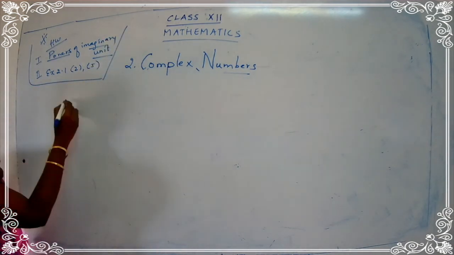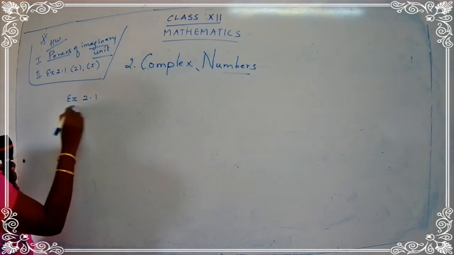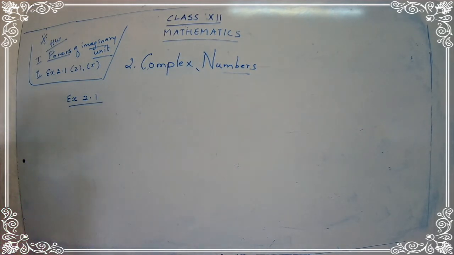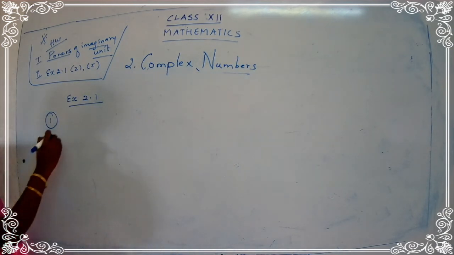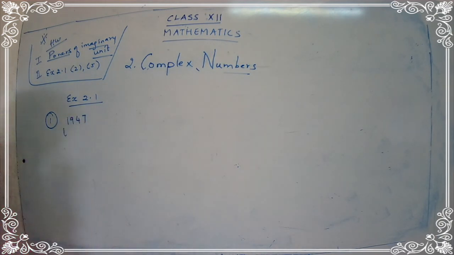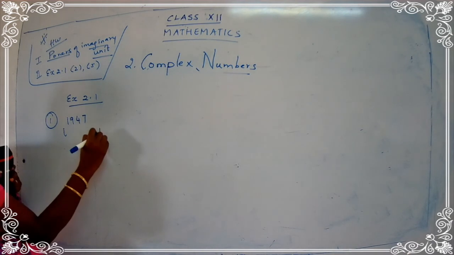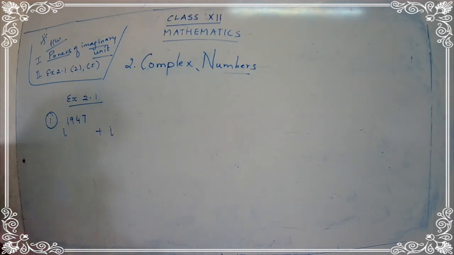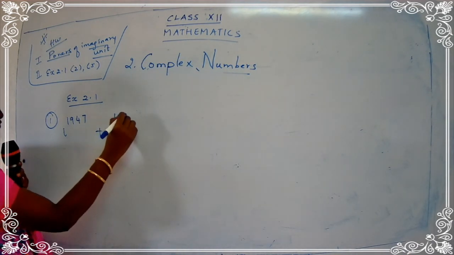Let's proceed with exercise 2.1. I'm going to do the first question. Simplify the following. The first one is I raised to 1947 plus I raised to 1950.